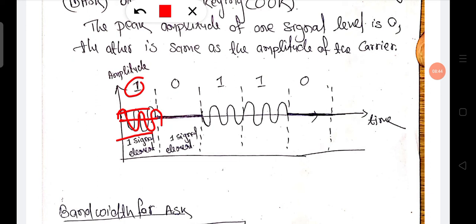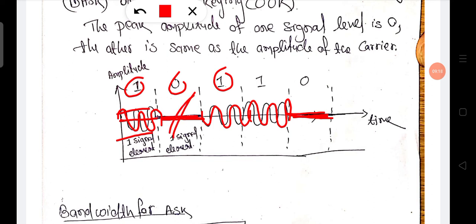This is the carrier amplitude. The 0 is encoded as 0, and 1 is the same amplitude as the carrier signal, and again 1 the same amplitude, and again 0 is encoded as 0. That means binary 1 is encoded as the amplitude of the carrier signal, and binary 0 is encoded as the 0 level, or zero amplitude of the signal.